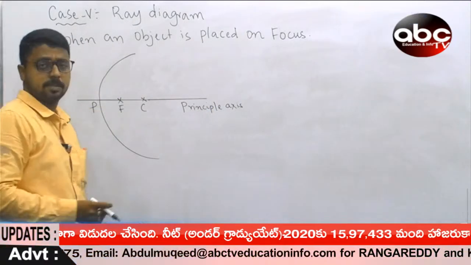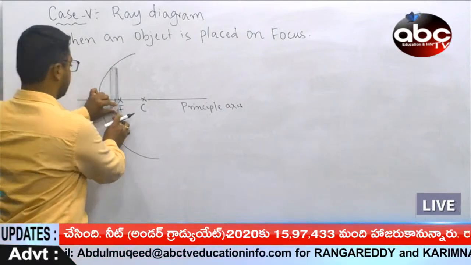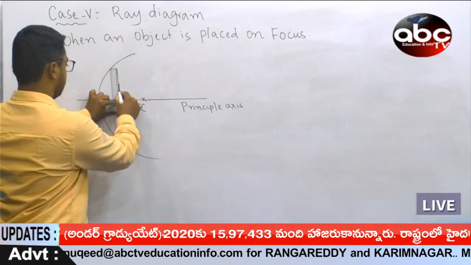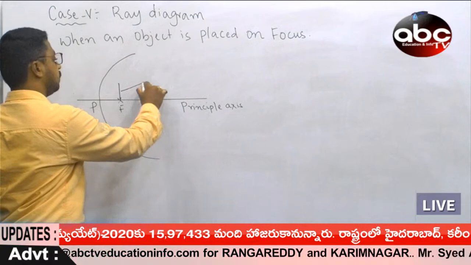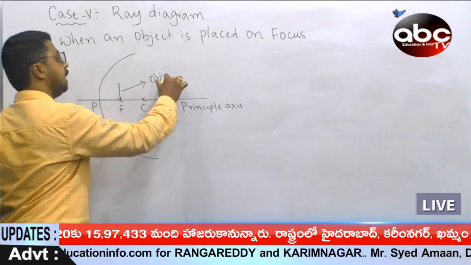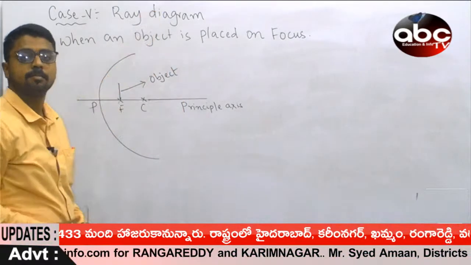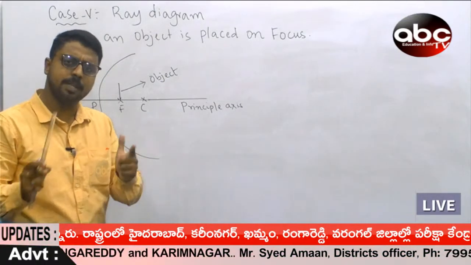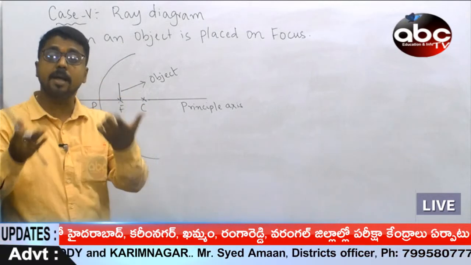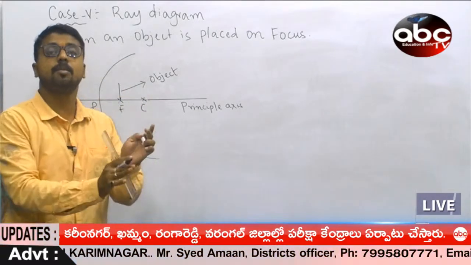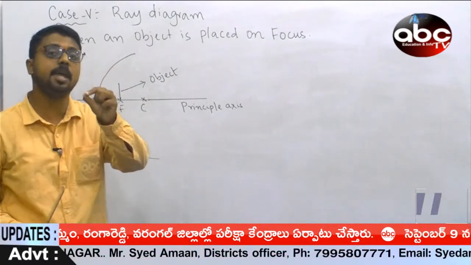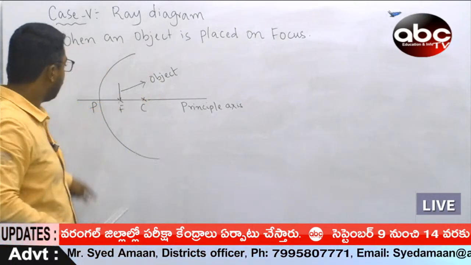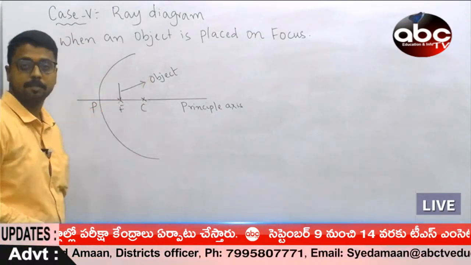So let us consider an object. This is supposed to be an object. ऑब्जेक्ट बोलते हैं हम इसको कि कौन सा भी ऑब्जेक्ट रखो, पेन रखो, पेंसिल रखो, कुछ तो कंपास बॉक्स रखो. ऑब्जेक्ट बोले तो पॉइंट साइज का भी रख सकते हैं. So here I have placed an object.